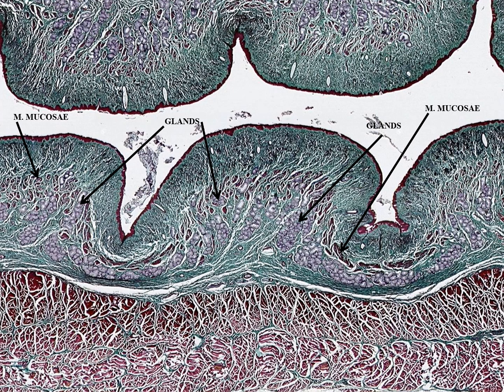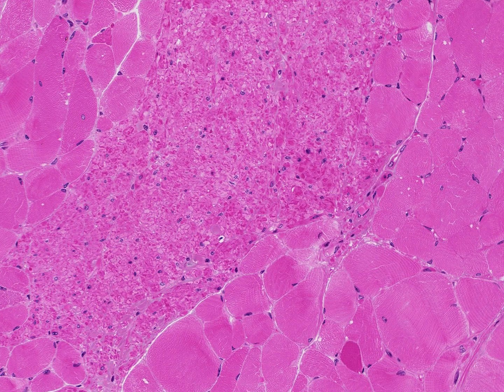So this is the area where we have the muscularis mucosa, then we have the glands. All that we can see here are the glands, and in this area we have the skeletal muscle or the muscularis externa.